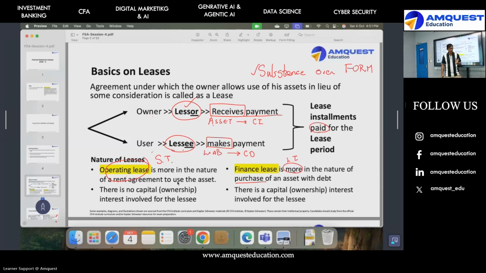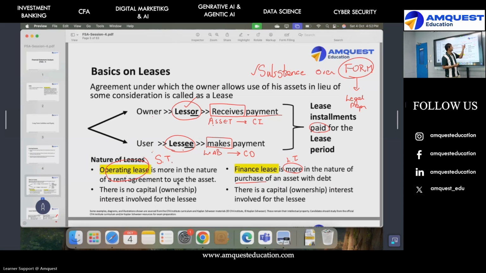It means that in form, on a piece of paper, legally, you must have signed something saying, I will take the car on rent. But in substance, are you really renting it or are you actually buying it?